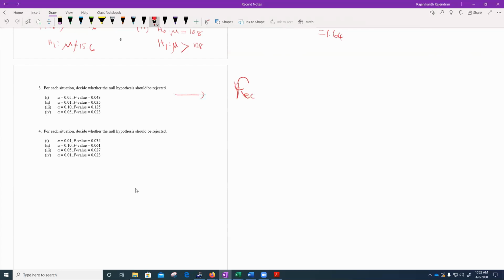Just now I explained, right? You only have to look at the p-value. P-value is the probability value. If this is less than or equal to alpha, then what do you want to do? You need to reject H naught. If the p-value is bigger than your alpha, then what do you want to do? Then do not reject.